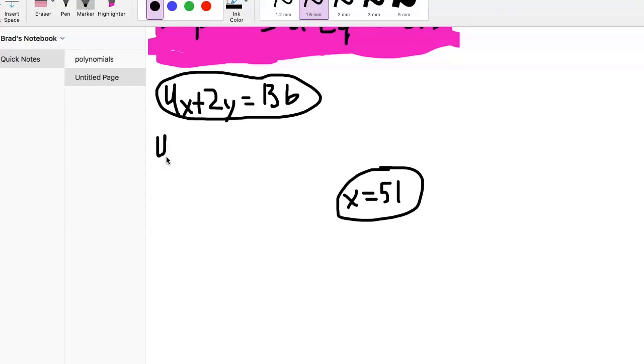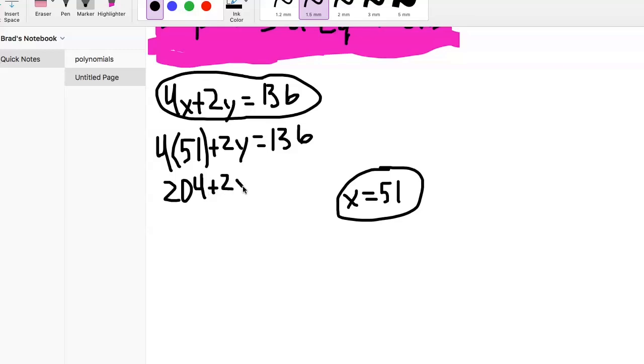We'll go 4 times x, which is now 51, plus 2y equals 136. Then we're just going to solve for y. 4 times 51 is 204, plus 2y equals 136.